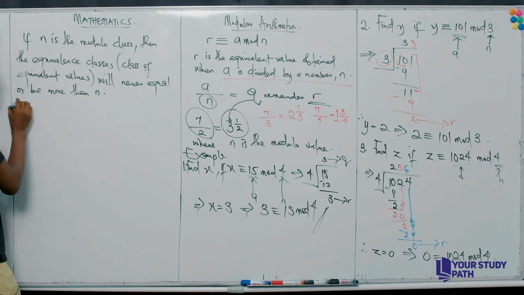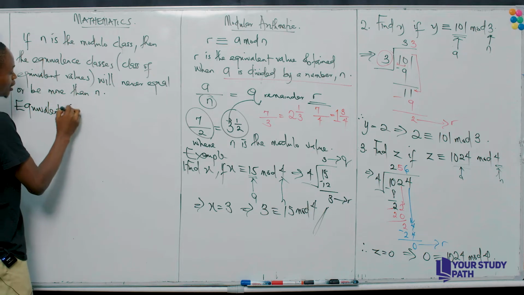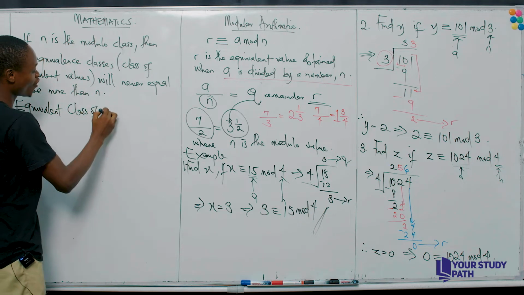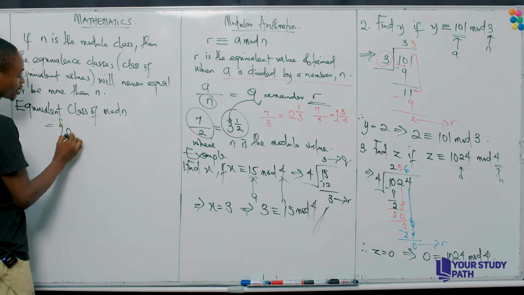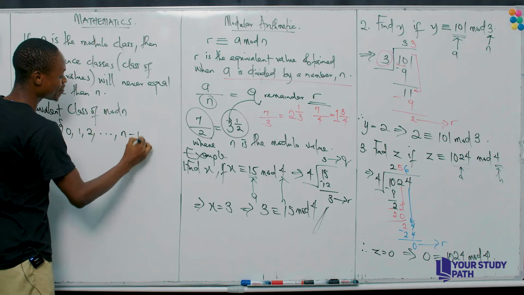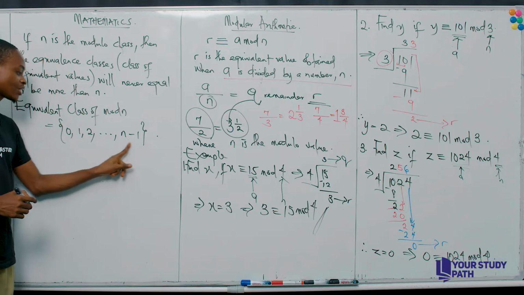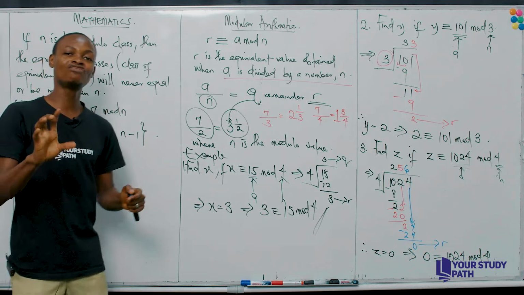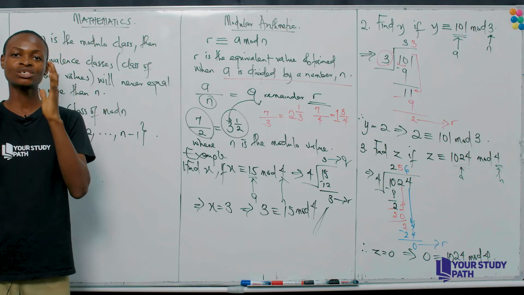So, if we are to consider the equivalent class of mod n, we will be talking about values starting from 0, 1, 2, up to n minus 1. So this set of values are the only values permitted in a modulo class of n.